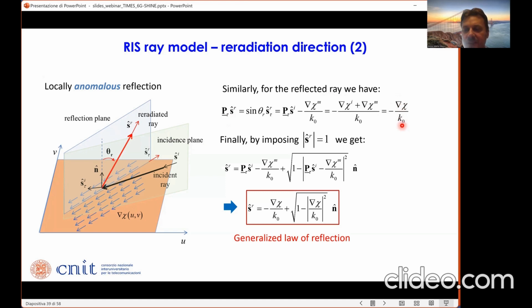So this means that anomalous reflection direction SR takes place according to this total phase gradient, and we will have a radiation plane, which is the blue one in this figure, which is parallel to this total phase gradient direction on the RIS plane.